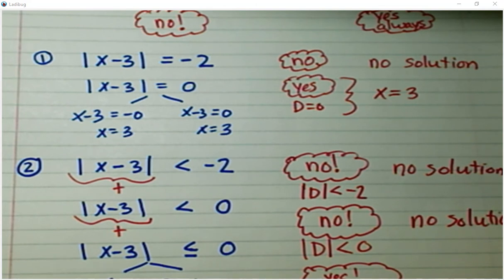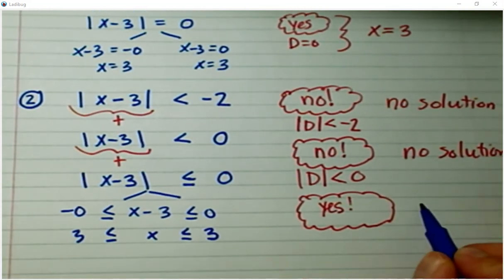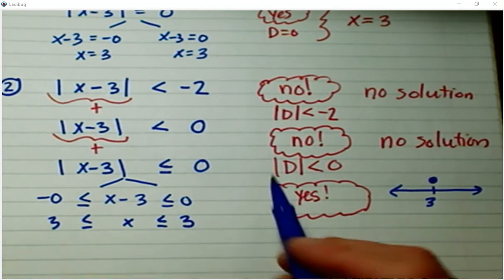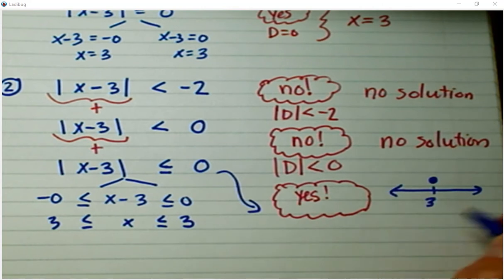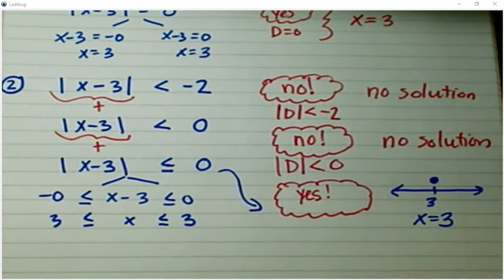Add 3. So I know this is kind of interesting looking, but let's go ahead and shade this on a number line. X is between. It's the same endpoint, and so this inequality actually ends up having just a single number as the solution. Okay, so those were our less thans.